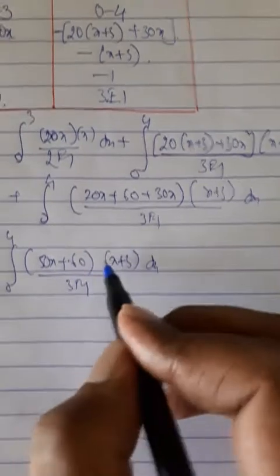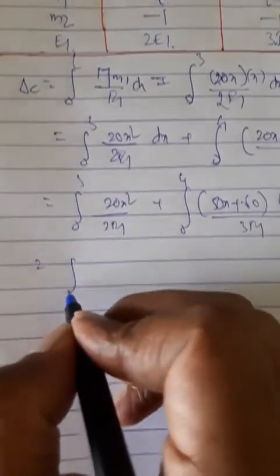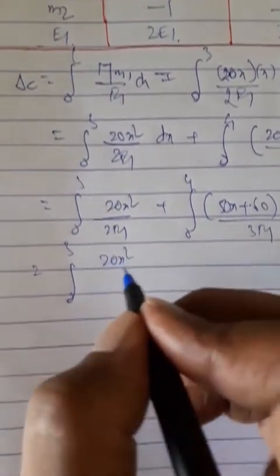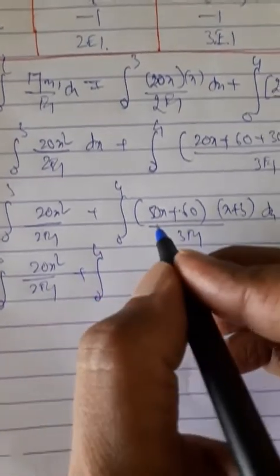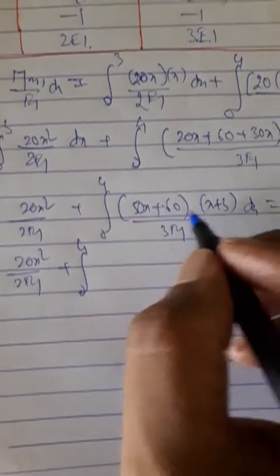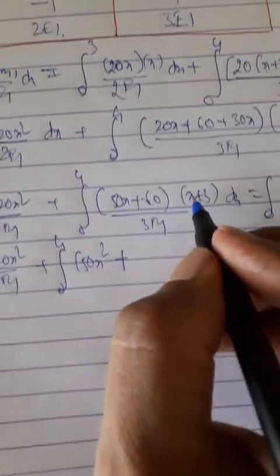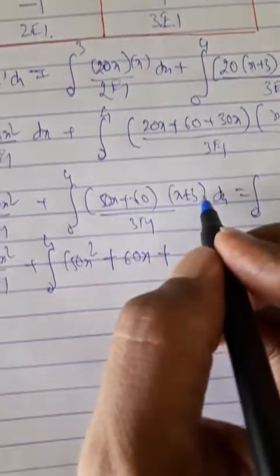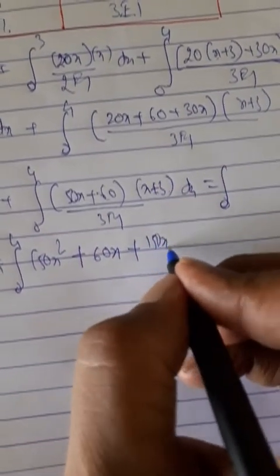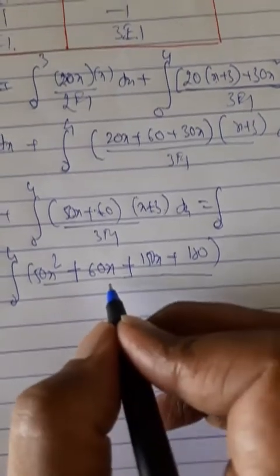So I am going to simplify this bracket. 0 to 3, 20x square by 2EI, plus 0 to 4, 50x into x, 50x square, plus 60 into x, 60x, plus 50x into 3, 150x, plus 60 into 3, 180, divided by 3EI dx.